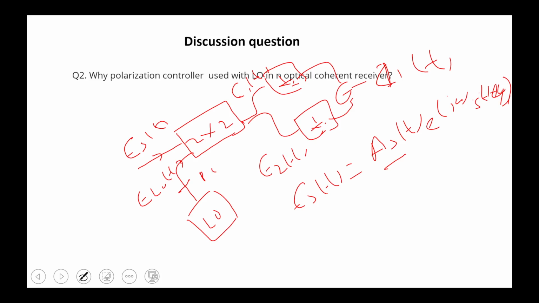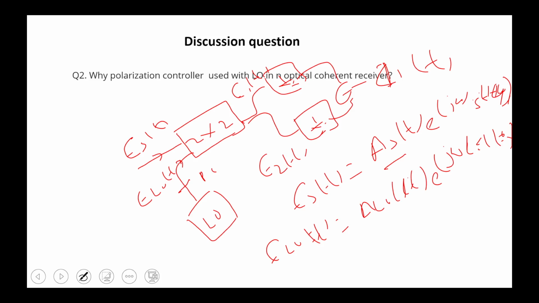If it is a phase modulation signal, the signal will change its phase with time. And what is ELO? ELO(t) equals, in the same way, ALO into e to the power j(omega LO t plus phi LO). So it also has some phase.